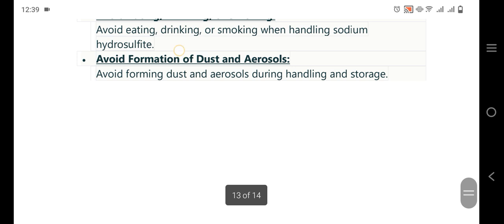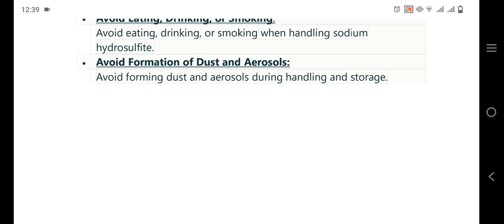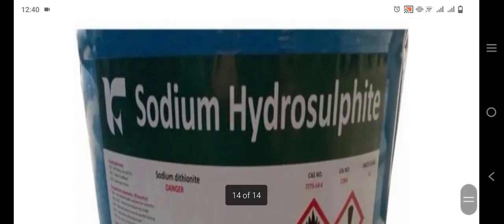Before using every chemical, we have to first learn its guidelines and use from a laboratory instructor, and then we can use any other chemical.